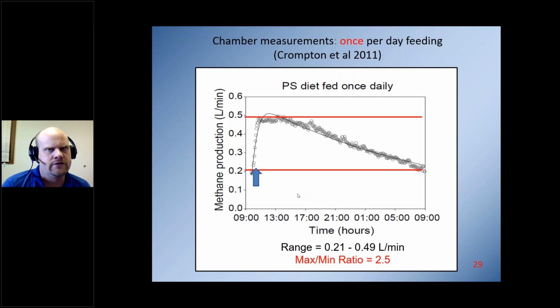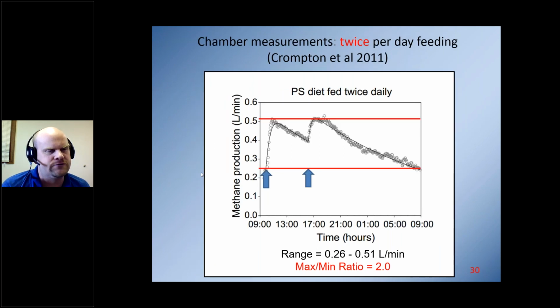Another common statistic is the maximum methane emission compared to the minimum. If we divide the maximum hour by the minimum hour of the day, what is that number? For once-per-day feeding in Crompton's study and his diet, he found a maximum divided by minimum of about 2.5. So the maximum was 2.5 times higher than the lowest emission in the day.